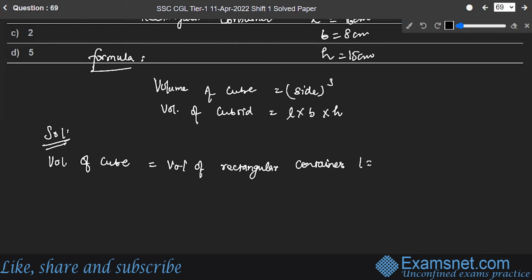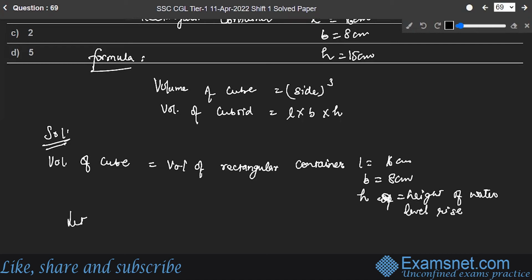The length will not change. Of course, it will be 16 only. Breadth will not change. It will remain 8 centimeter only. But height will increase. So height is equal to height of water level rise.